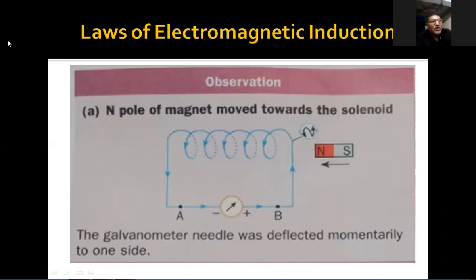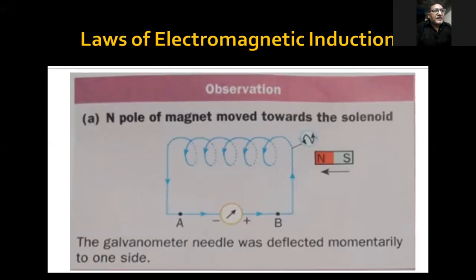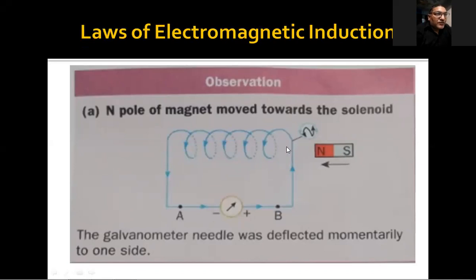And suppose, for example, when this north pole approaches the solenoid, the current induced in the solenoid will have a direction such that the right side of this solenoid will have a north pole, and the reason is it's trying to oppose that approaching north pole.